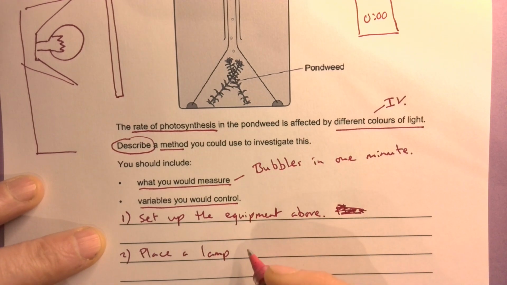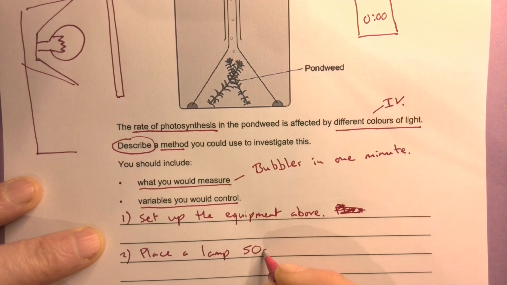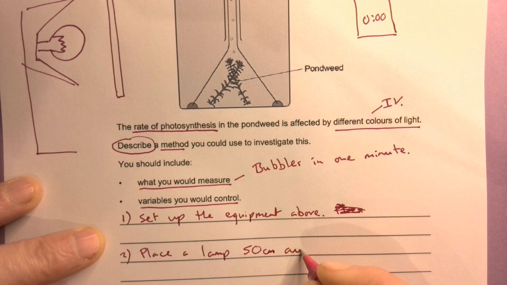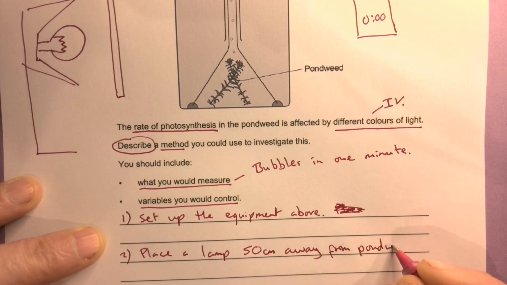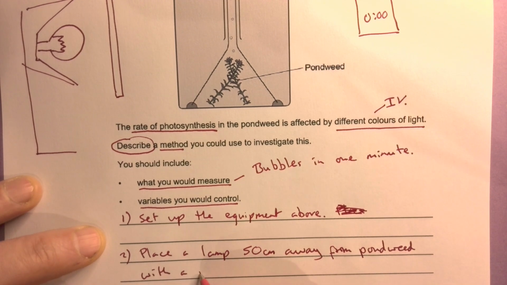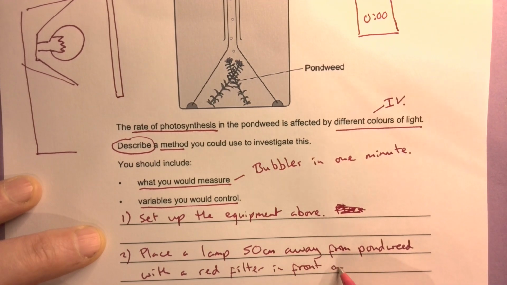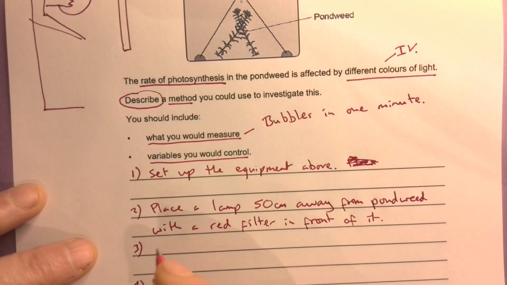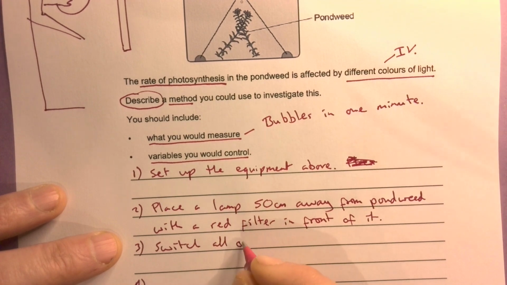Place a lamp, let's say 50 centimetres away from pondweed, with a, pick any colour, I'm going to pick red, a red filter in front of it. I'm then going to switch all other lights off.